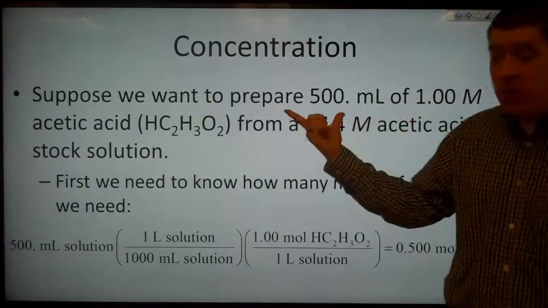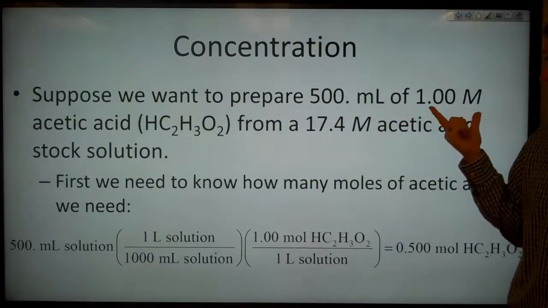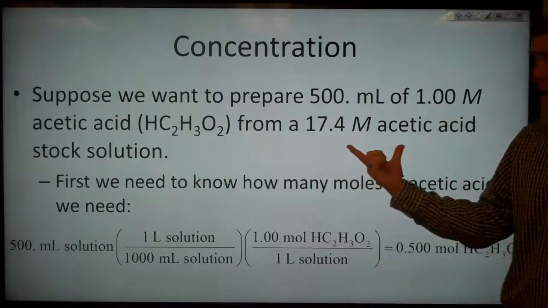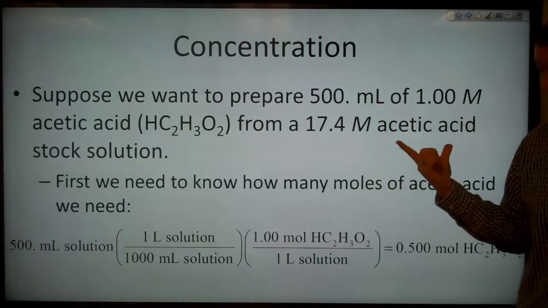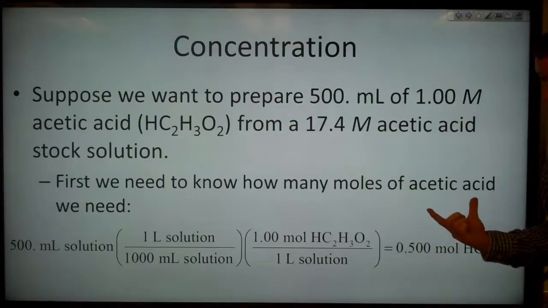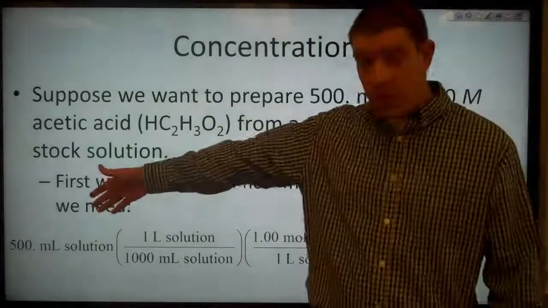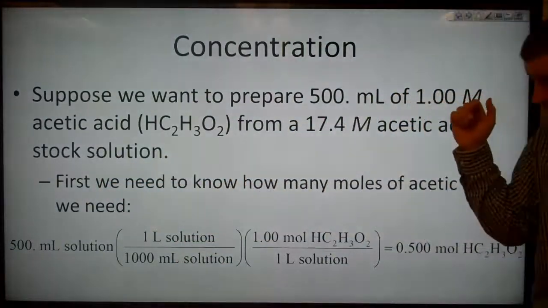So suppose we want to prepare 500 milliliters of 1.00 molar acetic acid from 17.4 molar acetic acid stock solution. So first we need to know how many moles of acetic acid we need. Well, we want 500 milliliters of solution. Let's convert that into liters so we can use molarity.